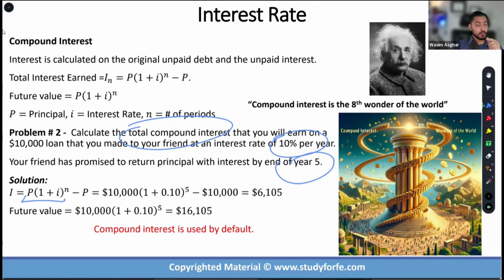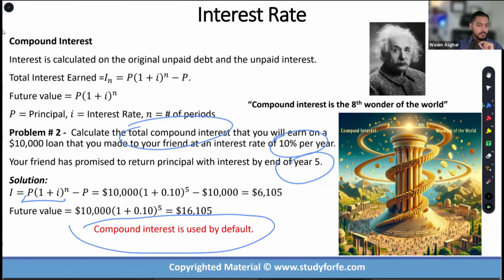Then the following year it will be on 12,000 whatever, and then on 13,000 whatever, right? This is by default the type of interest rate that we use in practice for all business transactions, loans, credits, mortgages, taxation, bonds, and so on.